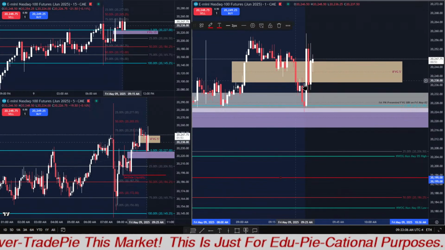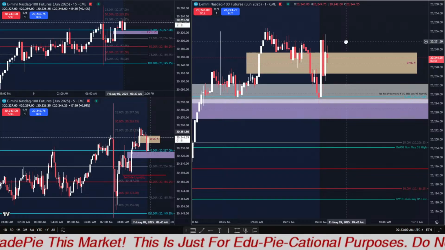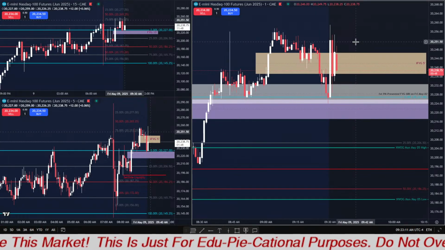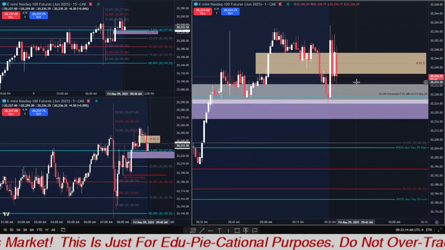We can see the bodies of the candles are respecting over here, and now we have a big run lower.